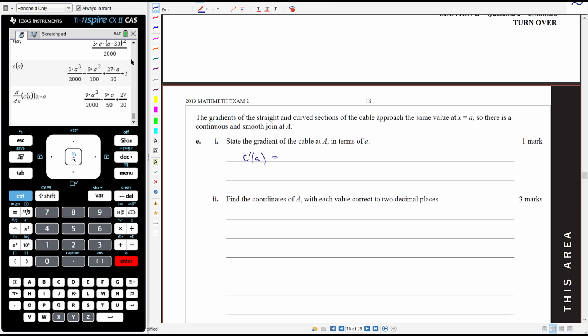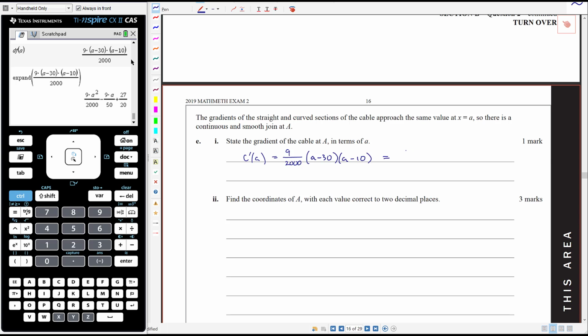Obviously you could also have done the derivative of f at A, because the derivative of f and the derivative of c will be the same. If you expand that out, you get the same thing. So you can either write it as 9 on 2000 a minus 30 a minus 10, or that's the same as 9a squared on 2000 minus 9a on 50 plus 27 on 50.